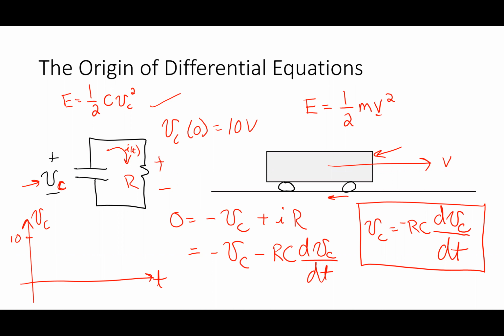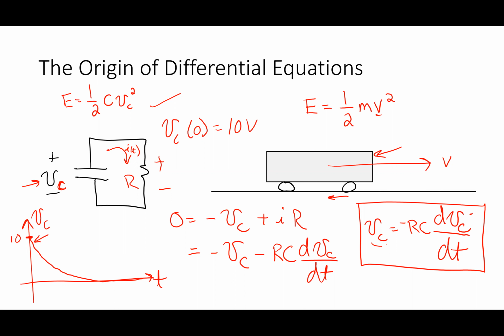And where is its fall fastest? Is it falling faster when it's up near 10 volts, or is it falling faster as it gets towards the end? 10 volts, right? Why is that? It's going to level off. Why is it falling faster right here? Because of the rate of change, right? The rate of change is directly proportional to how much actual voltage I have on that thing.